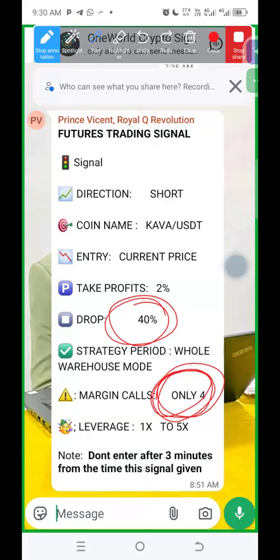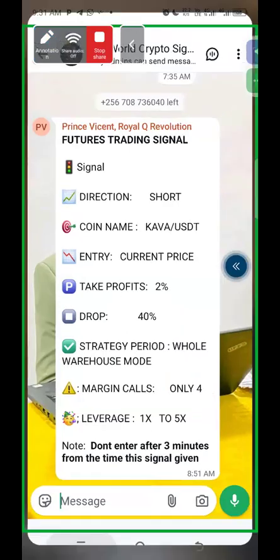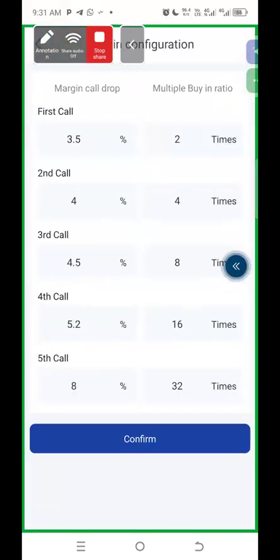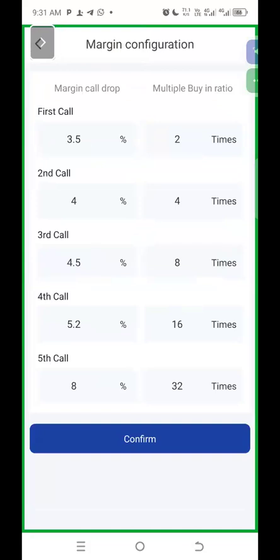It simply means your margin call limit should be four. And yet, with the four, they said the drop should be 40%. What do you do? Even though we choose five.